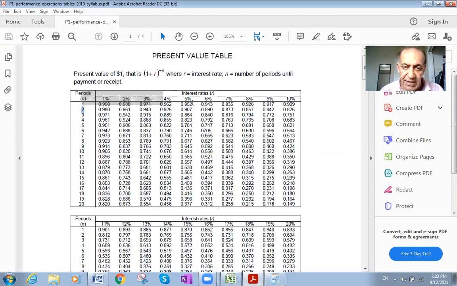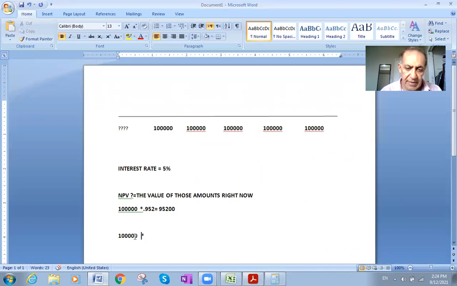So the second year under 5% is this number, Control and C, and go back here and multiply it. 0.907, it's okay. Equals. Then I will take it to the calculator as well and multiply directly in the calculator and see how much it will be.